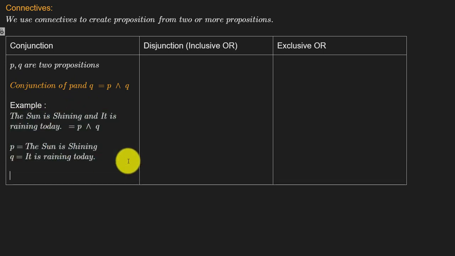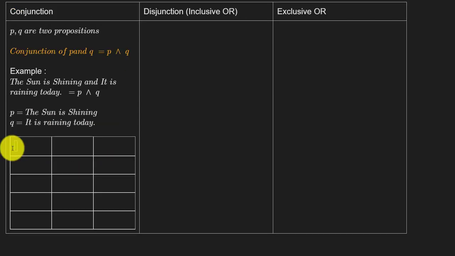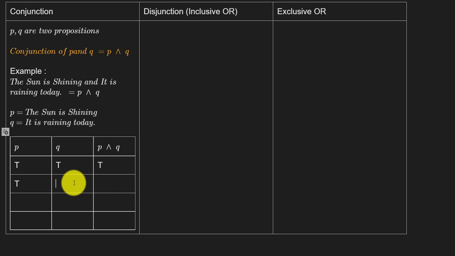So if we develop the truth table, if I write P and Q and P and Q, then if P equals true and Q equals true, only then this will become true. If P is true and Q is false, then the whole expression becomes false.